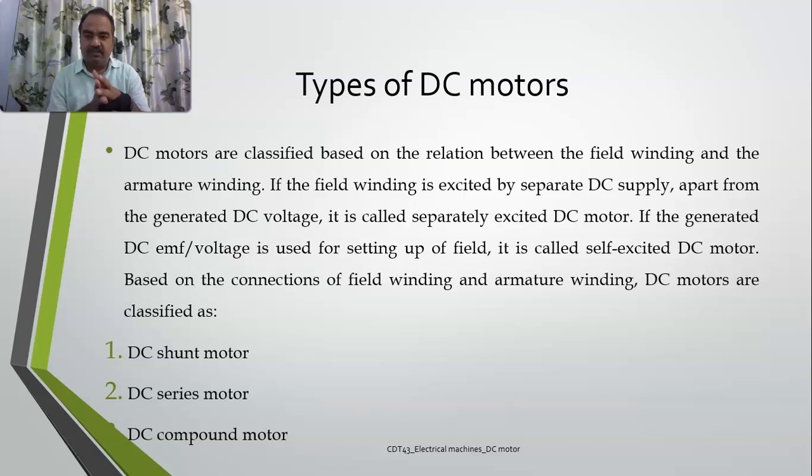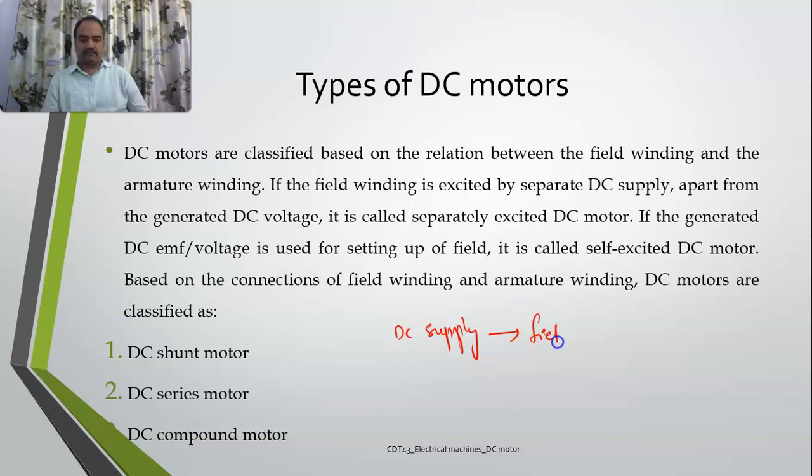Now, based upon the connection between the field winding and the armature winding, DC motors are classified into two types. One is a self-excited. See, you are providing a DC supply to the fields. It is developing flux, right?